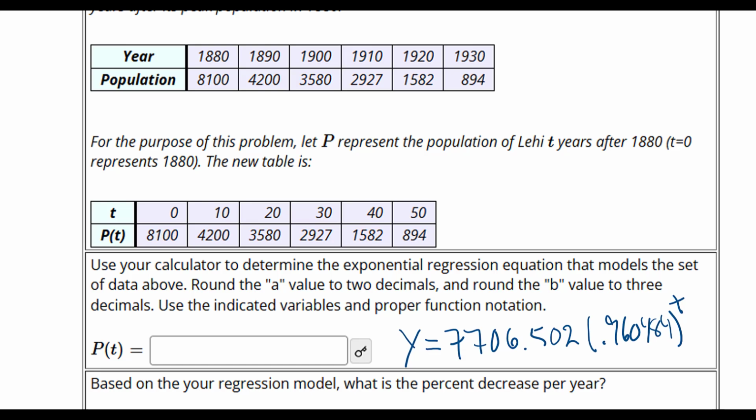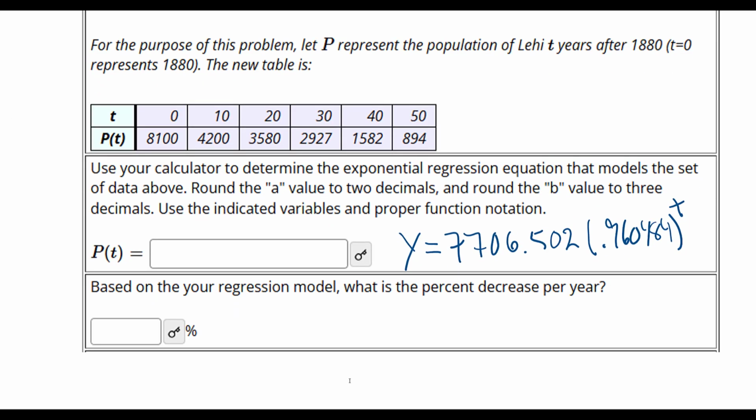Okay, so it says based on your regression model, what is the percent decrease per year? And that's going to be based on the base here. So if we're looking at 100 minus 96, it's 4%.